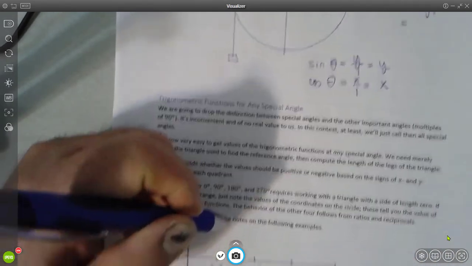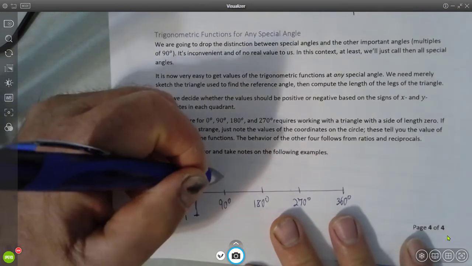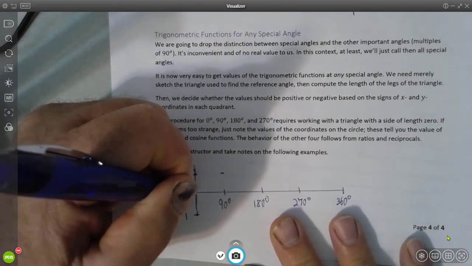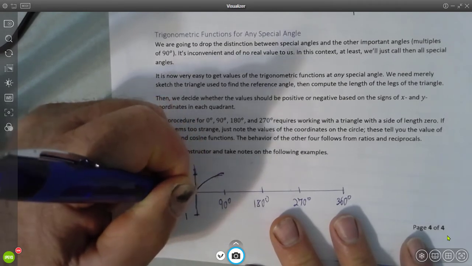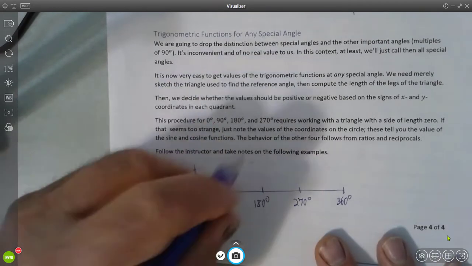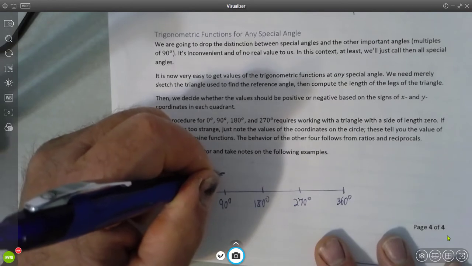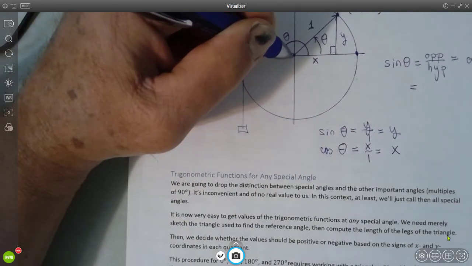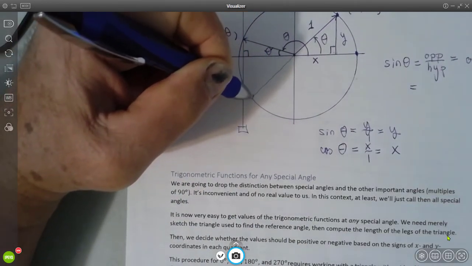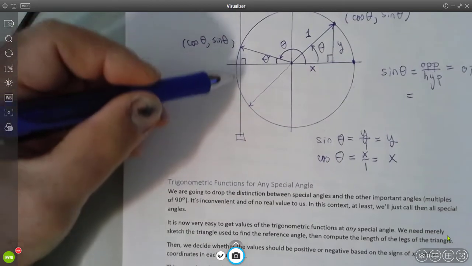So back down here on our graph, once you get to 90 degrees, it's got to be up to 1, and it's going to do that in a nice smooth way. You could predict that from just the physical layout there. And then back down here. And then what's going to happen as you start coming around the circle is you notice that the y-coordinates go negative, right?